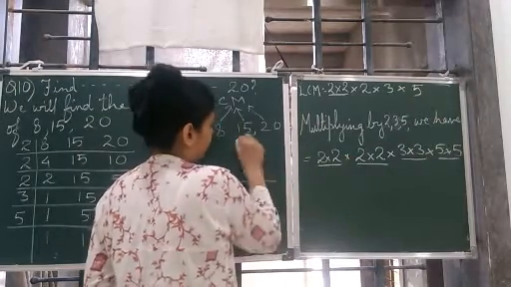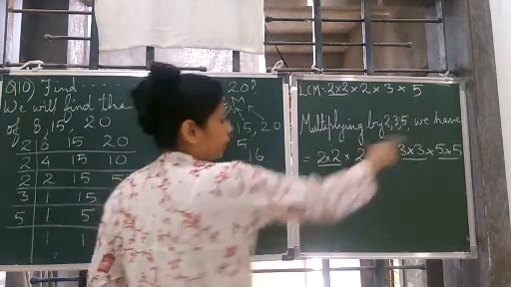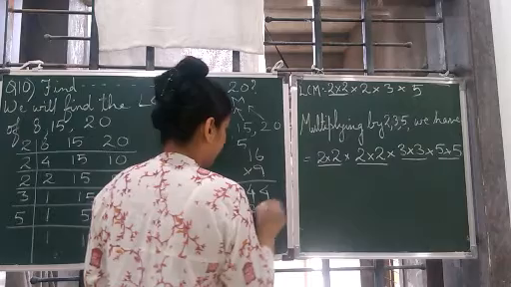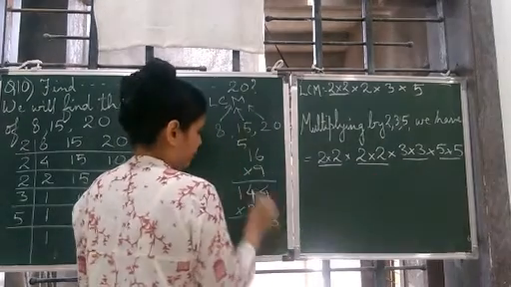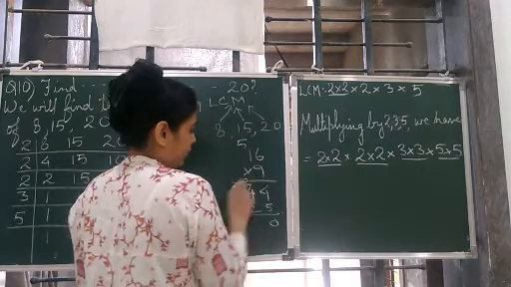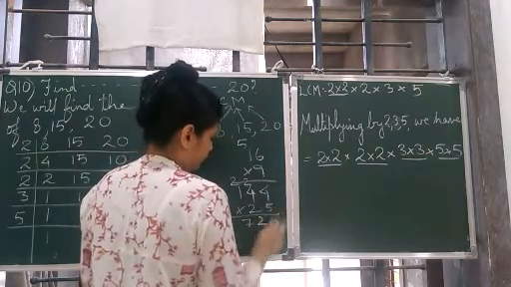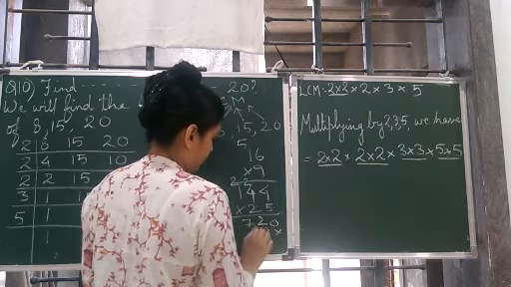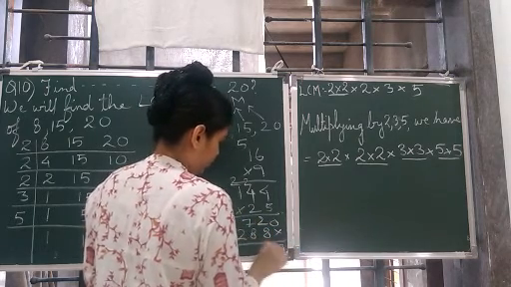It is 144. Now 144 multiplied by 25. Because 5 5s is 25. 5 4s are 20. 22. The 5 6 7. 8. 2. 0.